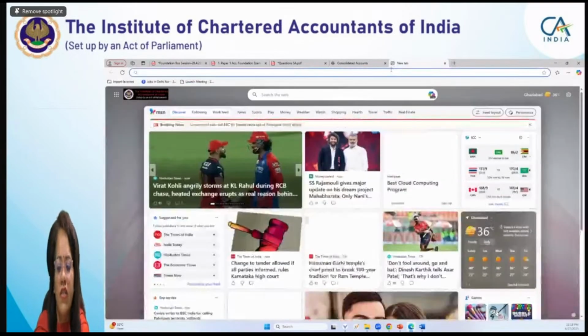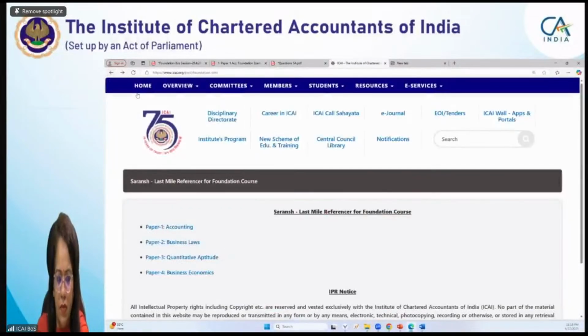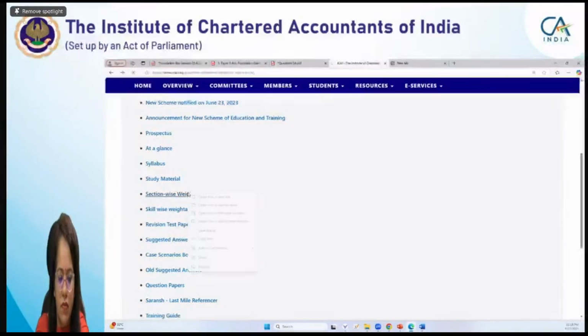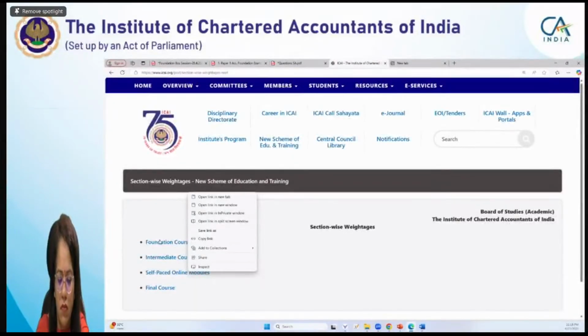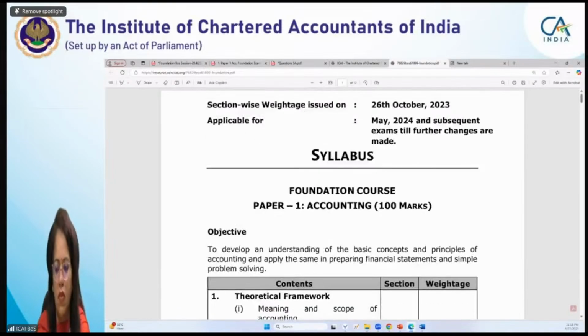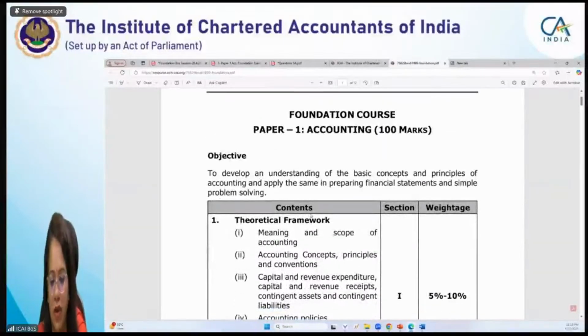What is the section-wise and skill-wise weightage of your paper? So we have our accounting paper of 100 marks. All right.